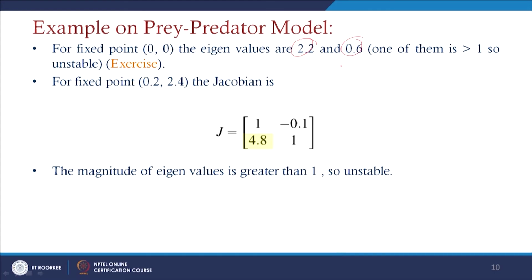One of them, 2.2, is greater than 1, so it is unstable.